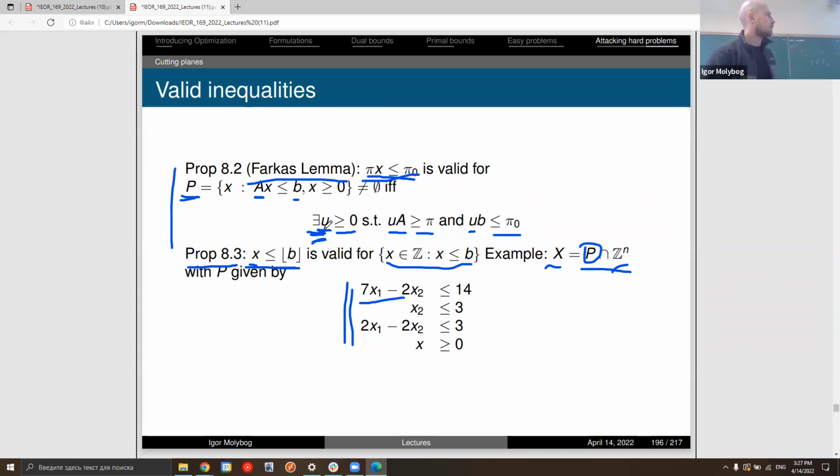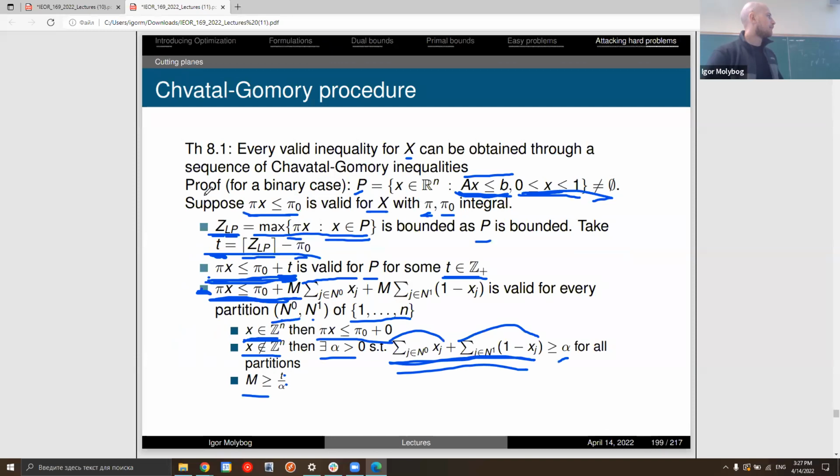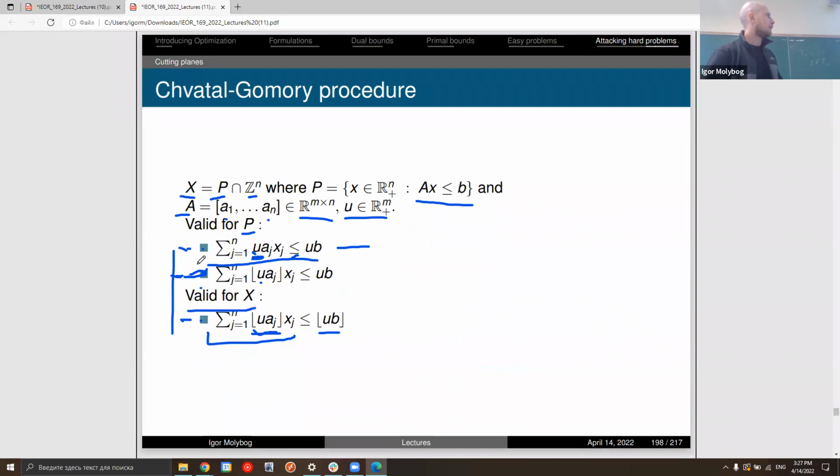There exists u such that it certifies that pi x less than or equal to pi 0 is a valid inequality for the formulation P, and therefore this inequality over here can be constructed by just using the first method or the first trick in the CG procedure.